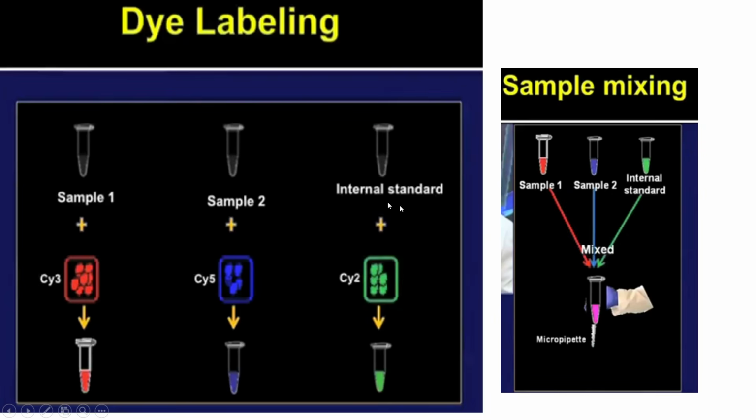You pool the samples together, making an internal standard before adding the dye, and that can be dyed with another dye. If you have seen, these two dyes have a more similar molecular weight compared to that of Cy2. So generally, Cy2 is used for the internal standard, and Cy3 and Cy5 are used for your samples.